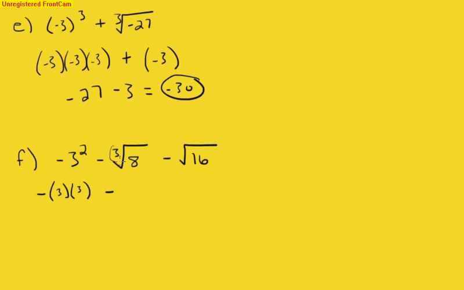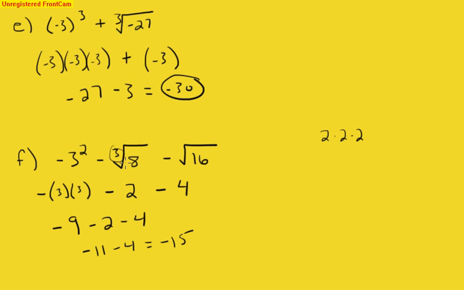What times itself 3 times would give us 8? 2 times 2 times 2 gives us 8. Minus the square root of 16, a nice perfect square here. So the opposite of 9, minus 2, minus 4. Negative 11 minus 4 is going to give us negative 15.